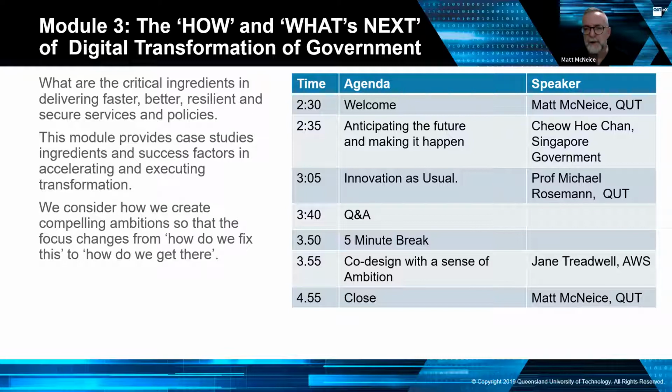And Michael later today will work with us to consider how do we create compelling ambitions so that we change our focus from how do we fix it to how do we get there. After the break, Jane will be chairing a panel on co-design with a sense of ambition, and a lot of case study work through that as well. So a really enlightening session today on how do we do it and what's next.